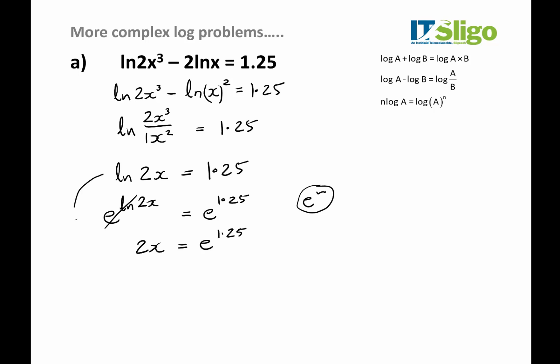Now normally we would just go from this line to this line. And now we can divide both sides by 2. And it's simply a calculator exercise then. Divided by 2, and we get x is equal to 1 point.